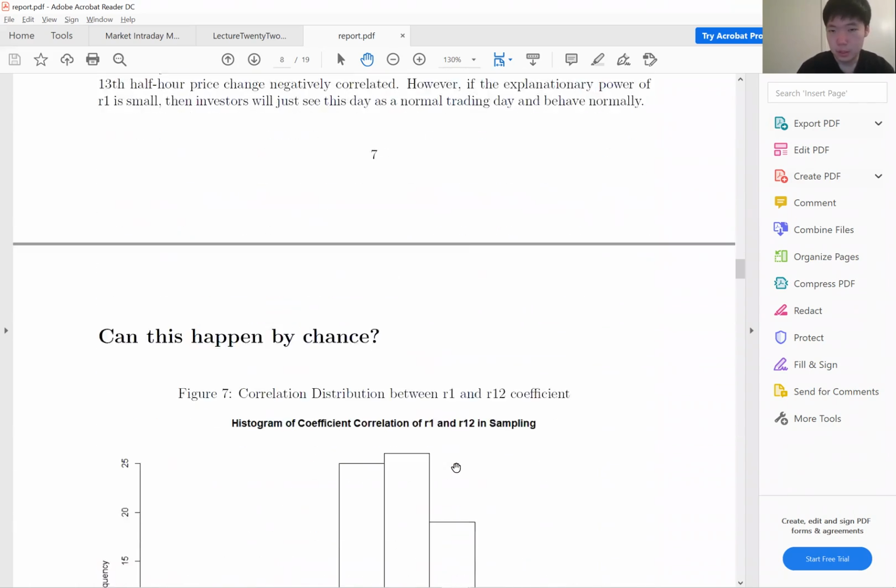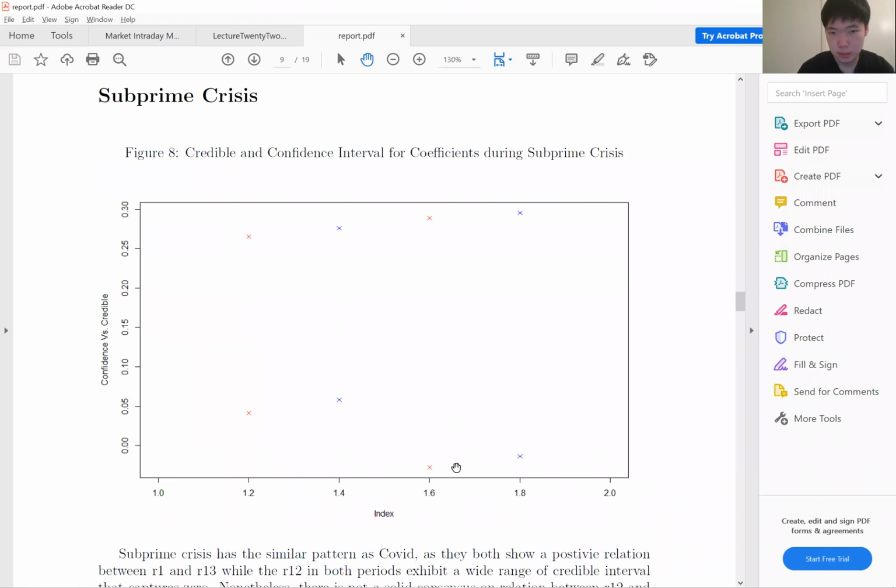I also want to compare it with the subprime crisis, because as we all know, the subprime crisis in 2008 and the COVID-19 pandemic happening now are two of the most significant events in stock history. And we can see some similarities here. In the subprime crisis, the R1 coefficients are still well above 0. The credible interval does not capture 0, just like in COVID and the whole data set.